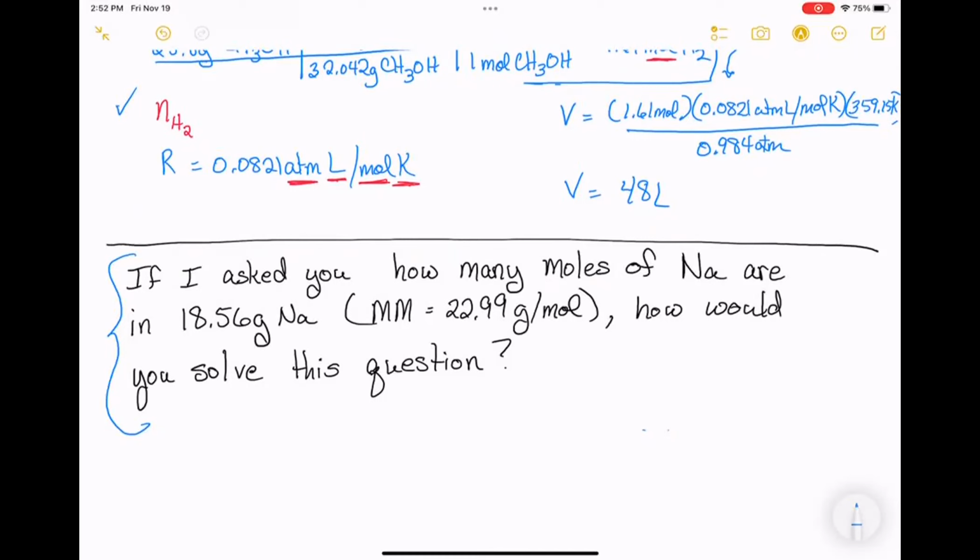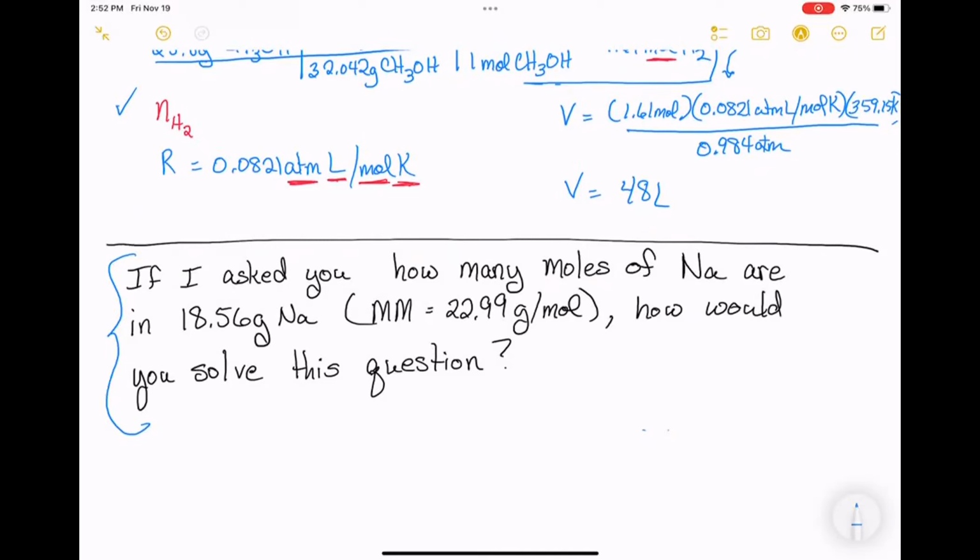Where does the molar mass go, for instance, in the question? Denominator of the conversion factor.